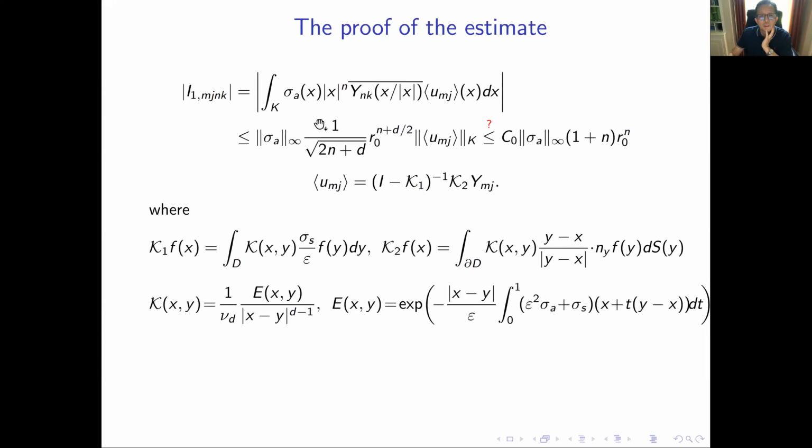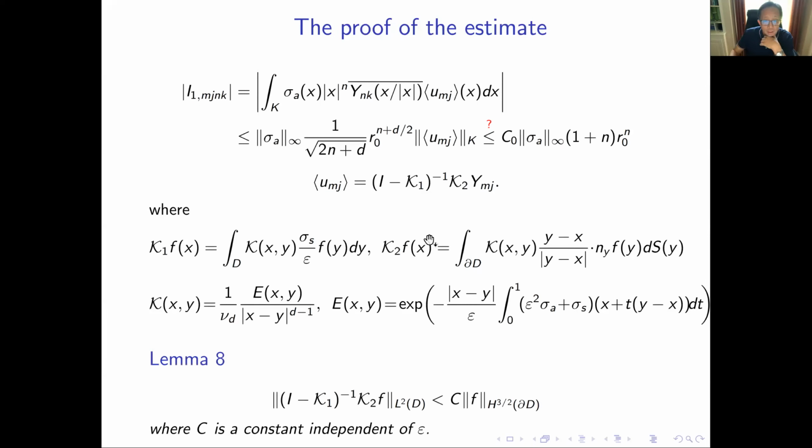So as I said, the first term control is relatively easy. You write out the integral form for the solution averaged in the angle space, and you can explicitly write out the kernel, kappa 1, kappa 2, and you can give some estimate bound on this.